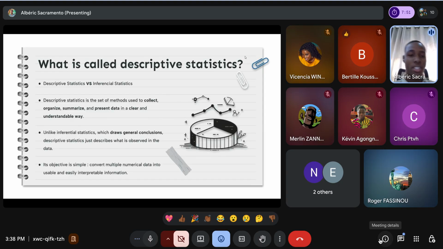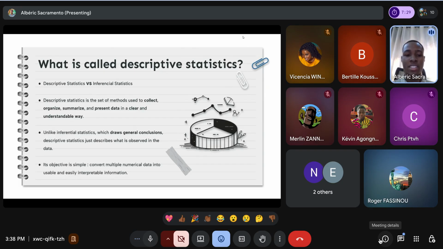There are 2 ways we have in statistics: descriptive statistics and inferential statistics. Descriptive statistics is a set of methods used to collect, organize, summarize, and present data in a clear and understandable way.